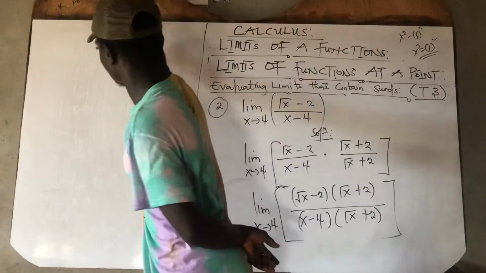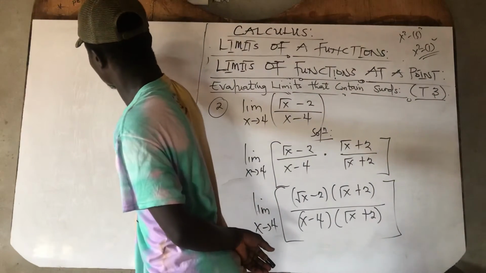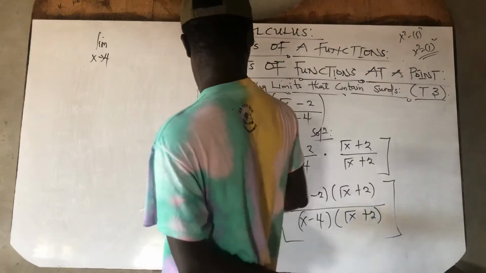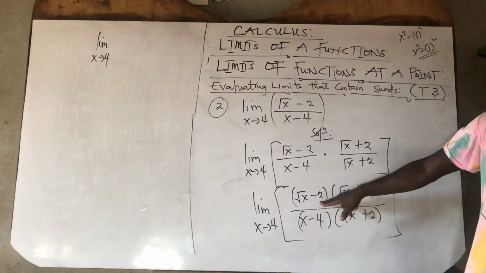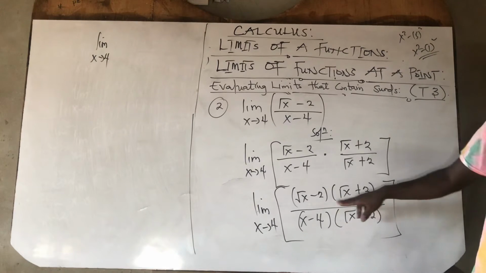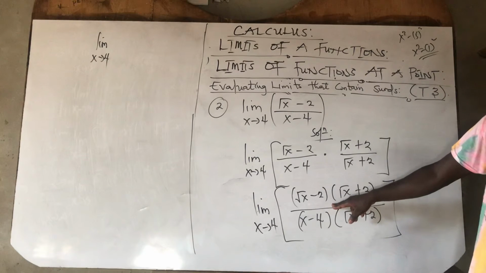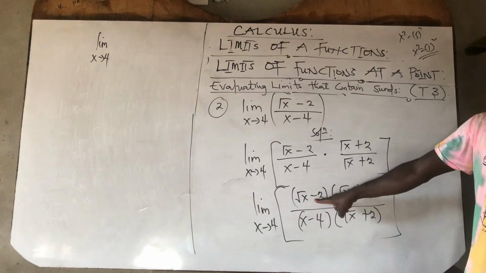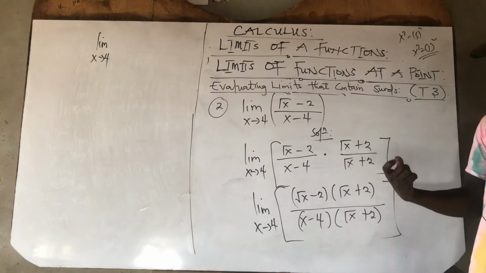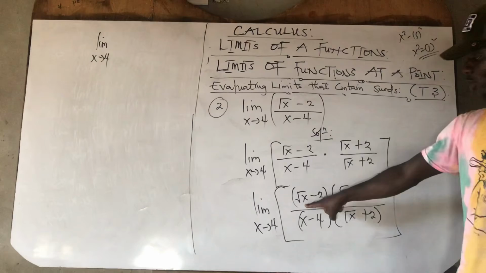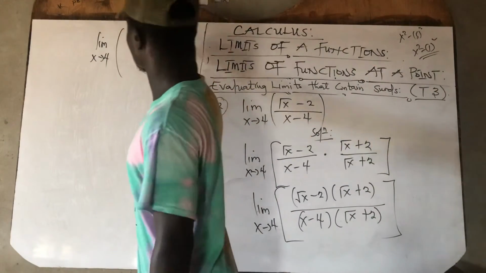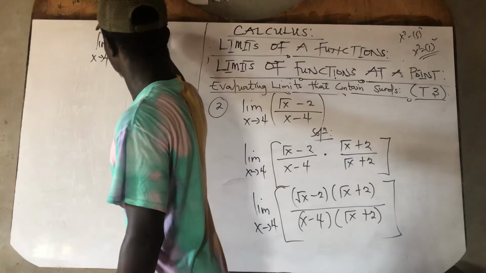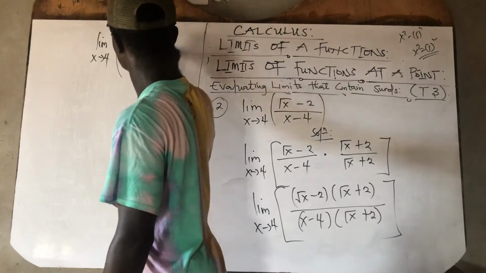So the limit as x approaches 4, right? Now, for the numerator here, we have square root of x minus 2, then square root of x plus 2, they are multiplying, right? So now, if they are multiplying, here is negative, here is positive, so that means difference of two squares can work. So I'll take the negative side, which is square root of x all squared minus 2 squared.